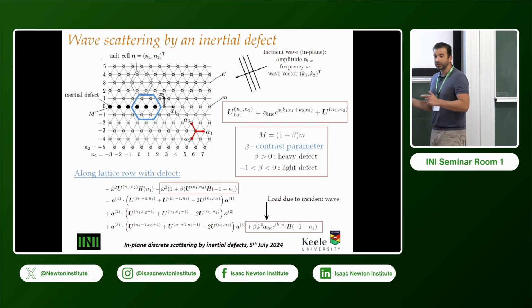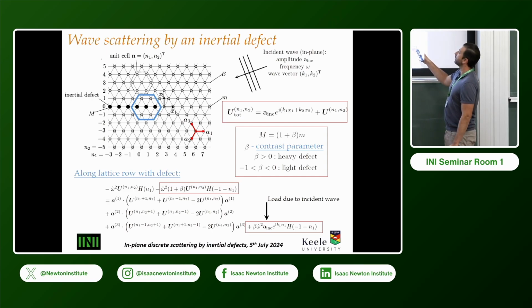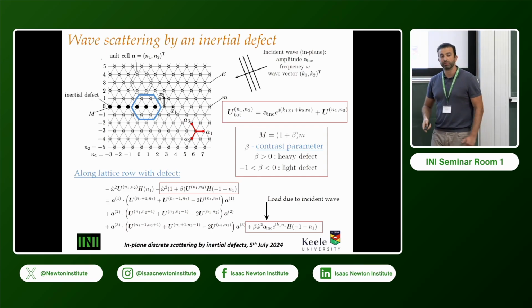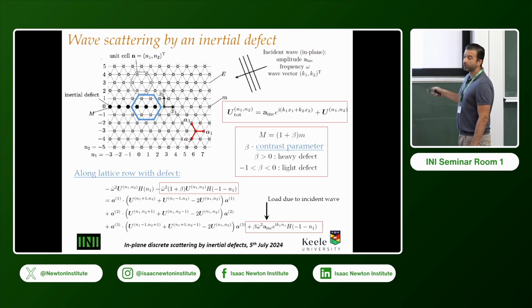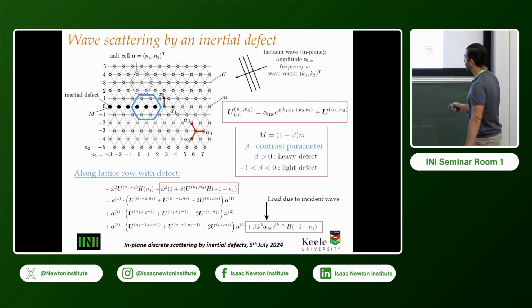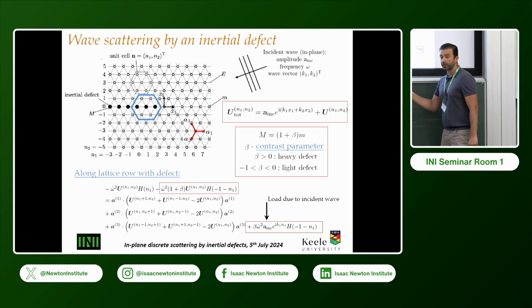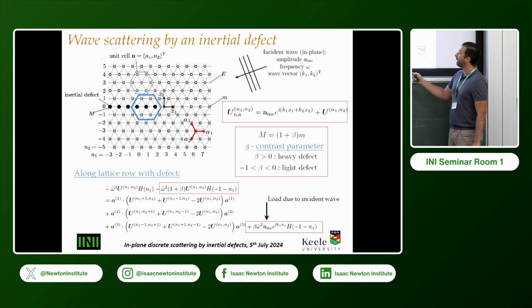Now, I haven't said anything about this yet. The incident field, we have to construct this as a solution to an eigenvalue problem. And this field satisfies the equations external to the defect. Now, it doesn't satisfy the equations along the defect, and this brings in this forcing term in your equations there.